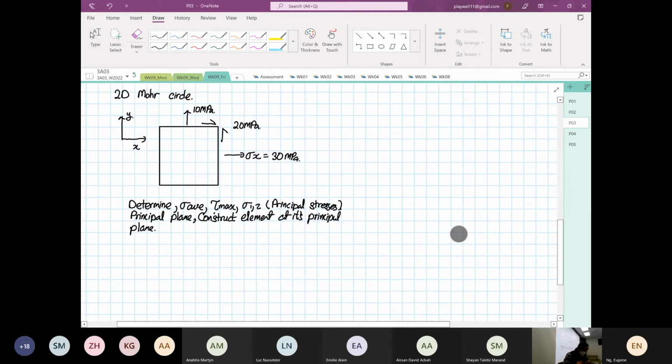Right, so what we do is we label this point X, and this is our point Y. So what we know is stress X is equal to 30 megapascal tensile. Stress Y is equal to 10 megapascal. Shear XY is equal to shear YX, and this is equal to positive 20 megapascal.